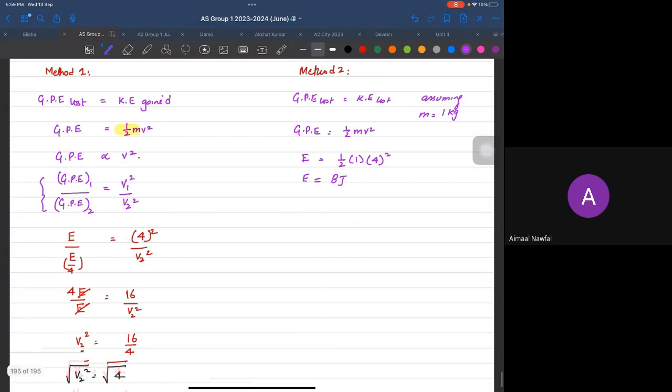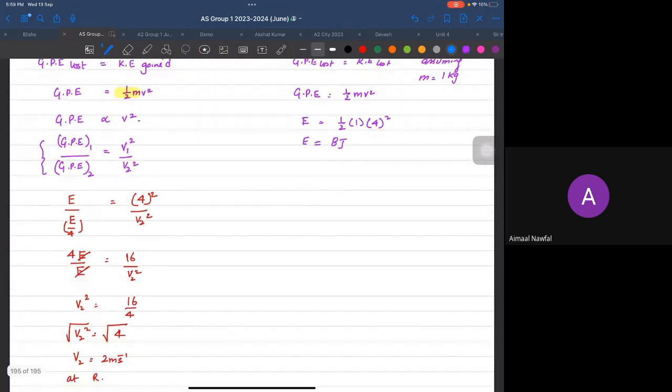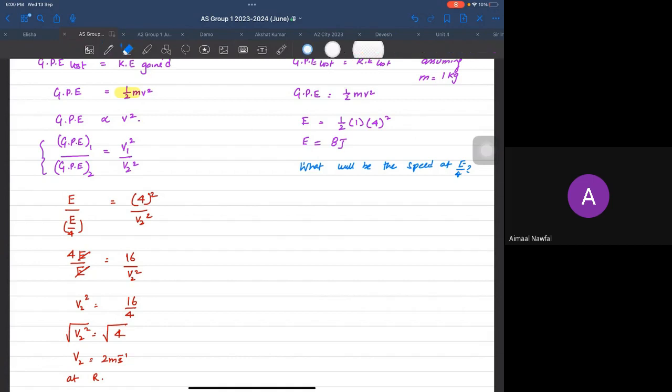Now I can write, what will be the speed at E by 4? Okay, so this is what I want. I know that E is 8 joules. So E by 4 is going to be 8 by 4, which is just 2 joules, because a quarter of 8 is 2, right?